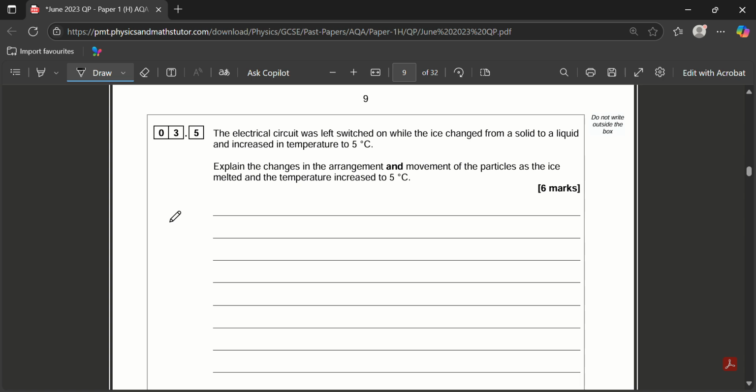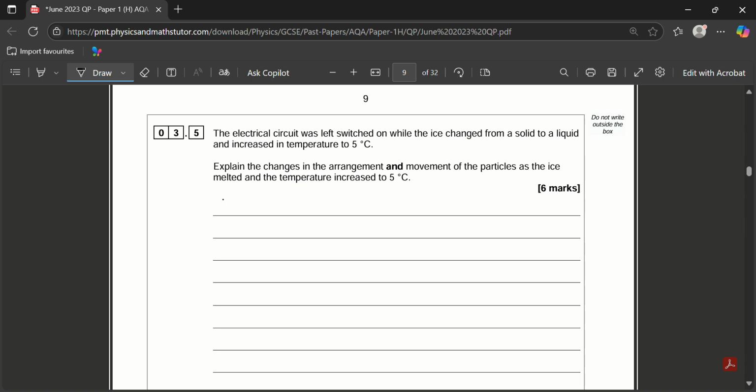Oh, a 6-mark question. Okay, I like to approach most 6-mark questions with a bullet point plan of attack. So this is talking about explaining the changes in the arrangement and movement of particles as the ice melted and the temperature increased to 5 degrees C. So let's talk about the arrangement first and movement.